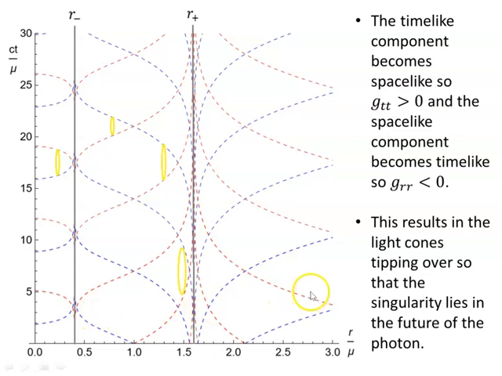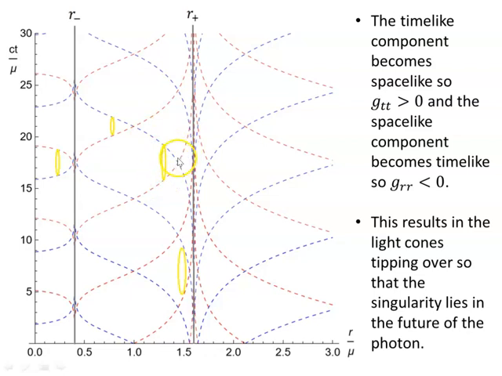Outside the event horizon, moving in this direction up is increasing time, the positive time direction, and this is the spatial direction, and then they swap roles. So what happens is that the light cones flip over. So for the particle here, if we look at this one, for instance, the blue curve is the outgoing, the red is the ingoing.